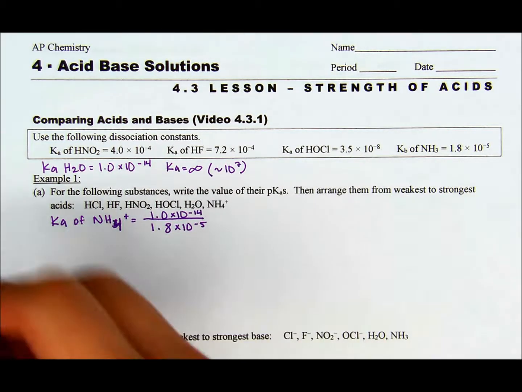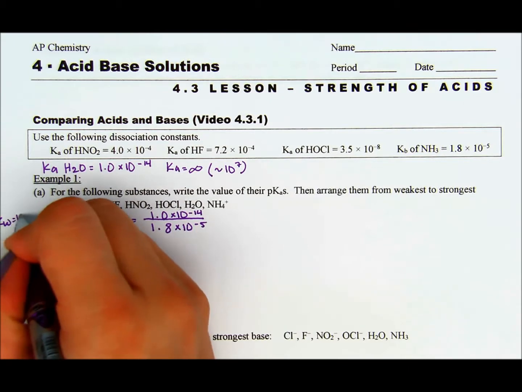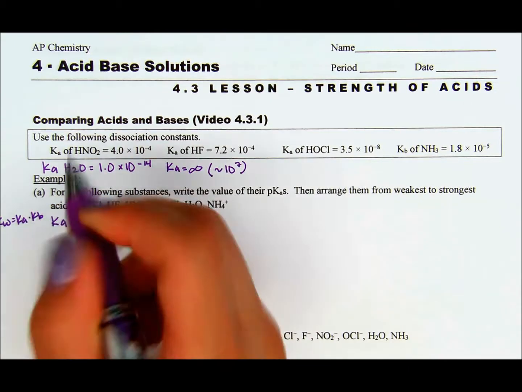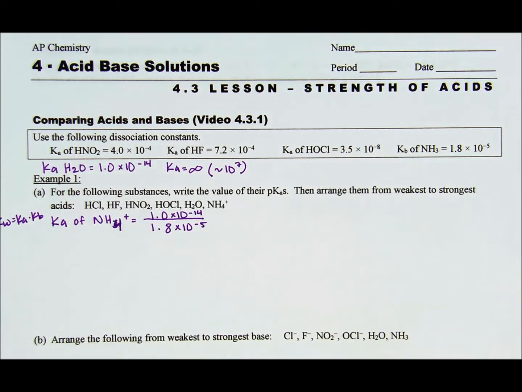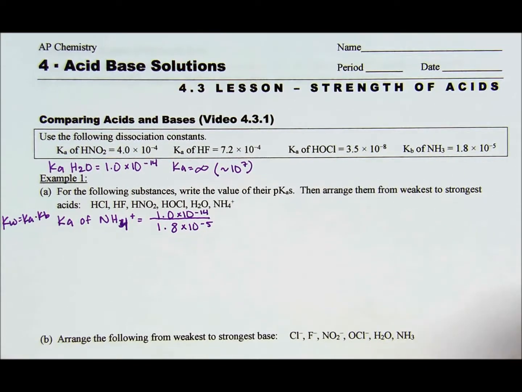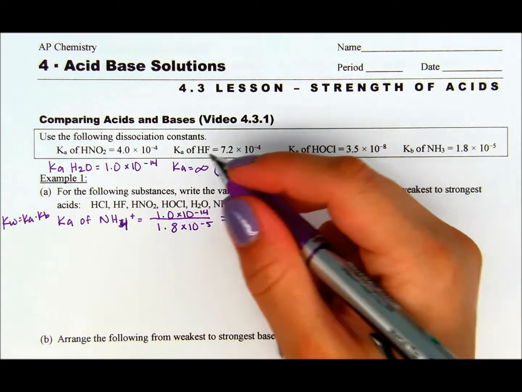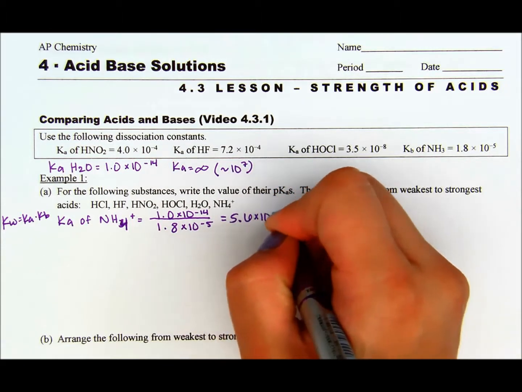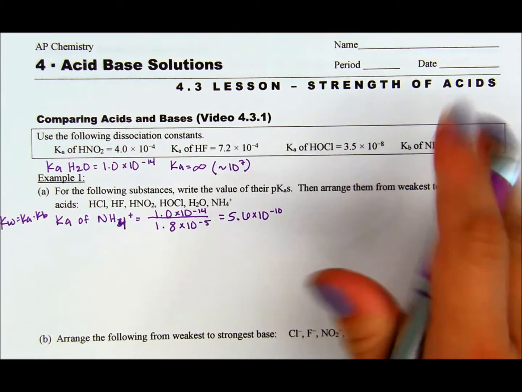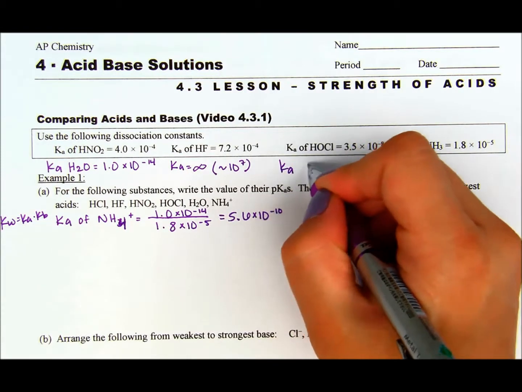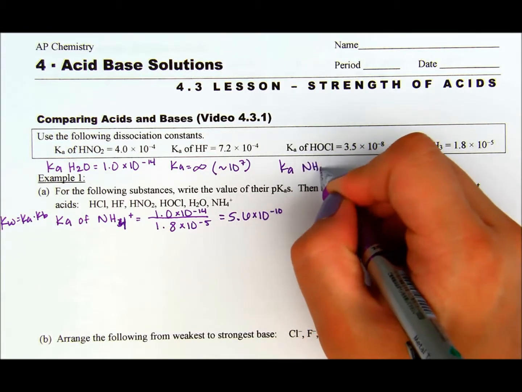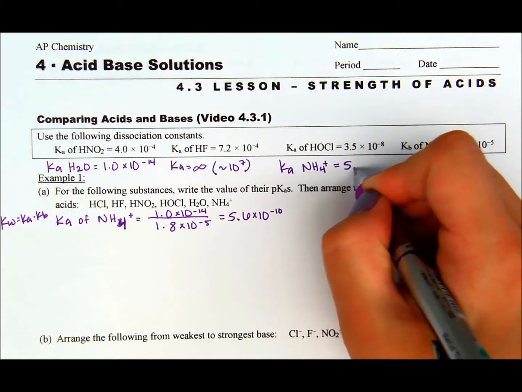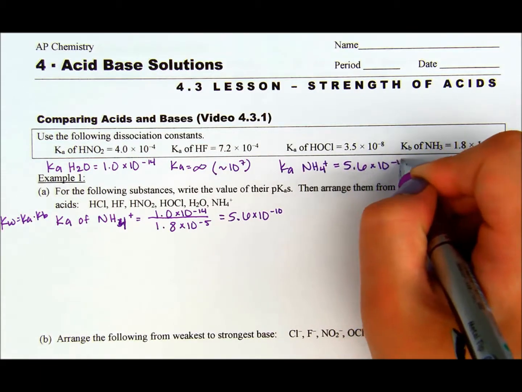And that, of course, comes from Kw equals Ka times Kb, just as a quick reminder of where that came from. When you plug that in, the Ka of NH4 plus equals 5.6 times 10 to the negative 10.